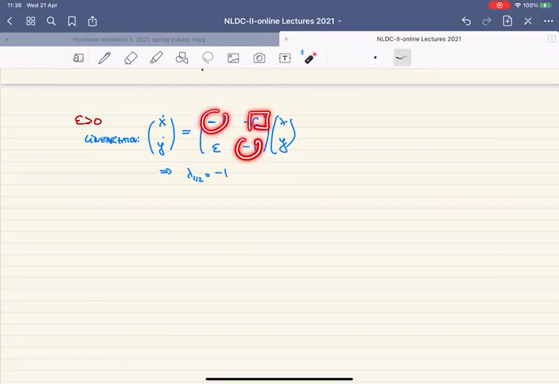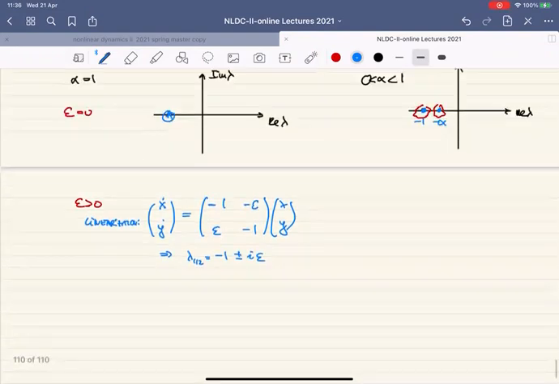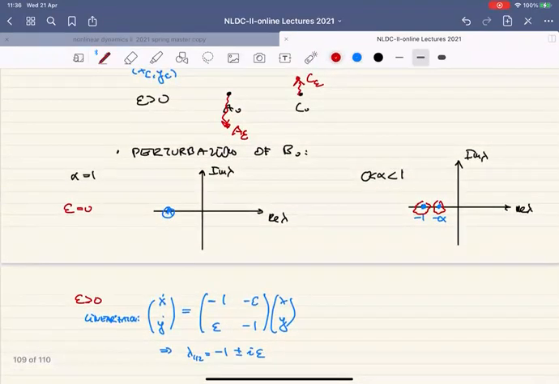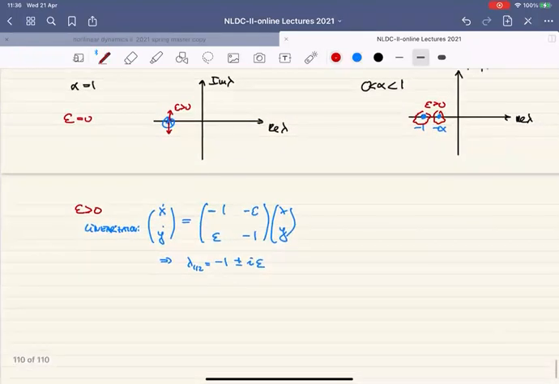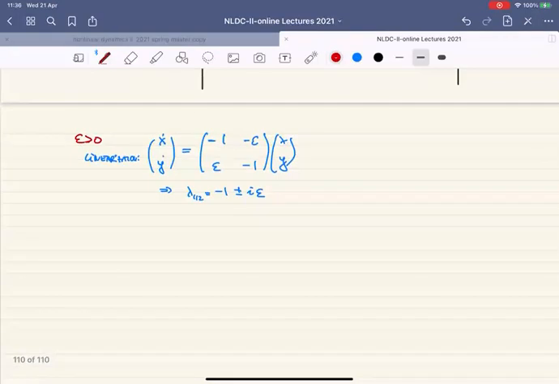And these are the same two numbers with a different sign, so this is plus minus i epsilon, right? So from that, I conclude that what will happen for epsilon bigger than 0 is that they actually split in this direction. And this is for epsilon bigger than 0. Okay, that's the conclusion that I get from this.